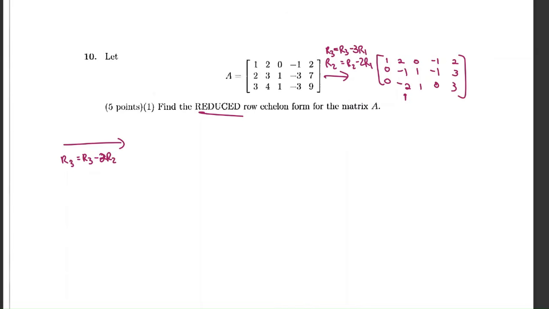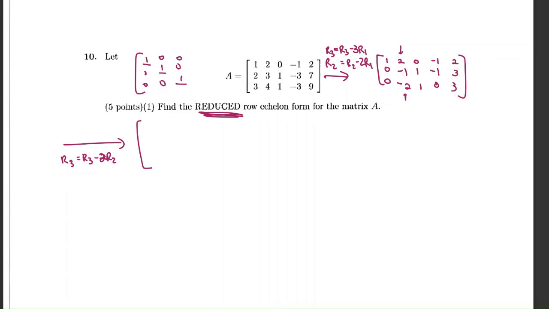And then I also want to get rid of this term. Oh yeah, the other thing about reduced row echelon form is that in those leading entry columns, I forgot about this, you want them to be 1s, but then all the other entries in that column should be equal to 0. So that's another thing to remember.